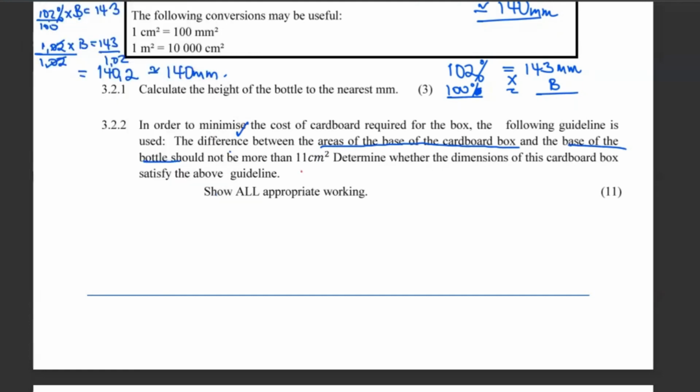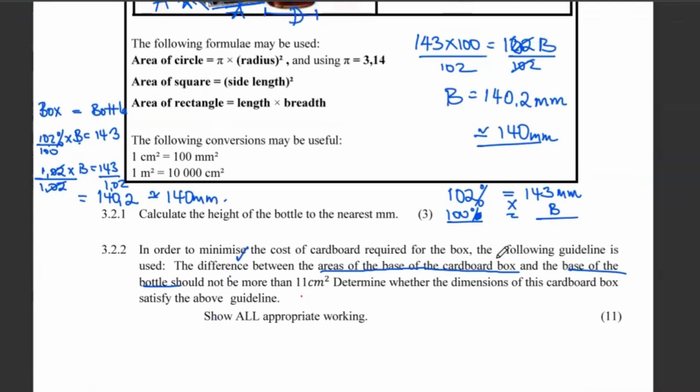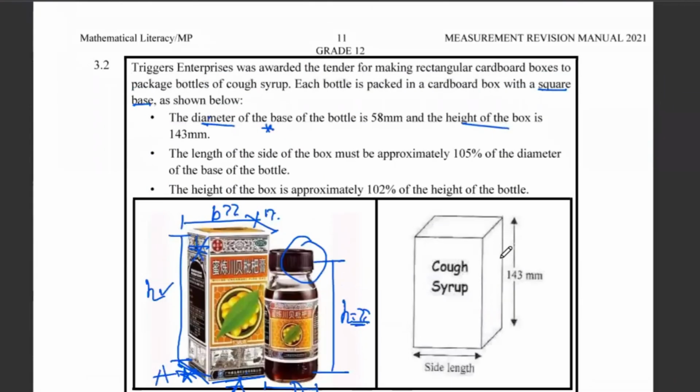All right, I'll start, because now we're going to look for the areas. The area of the base of the cardboard. Remember, the base of the cardboard is square, a cardboard box with a square base.